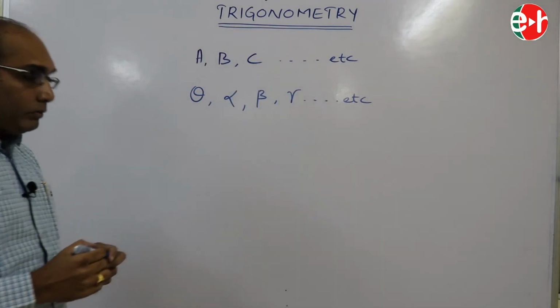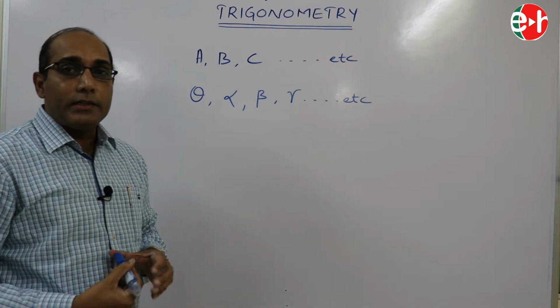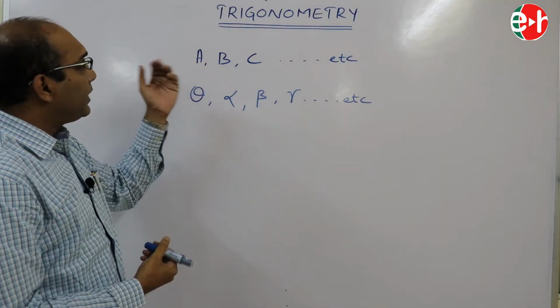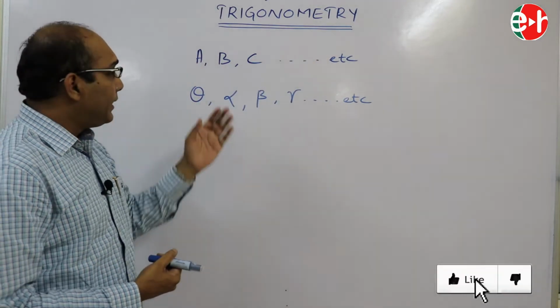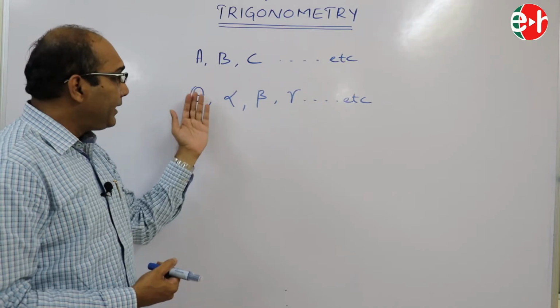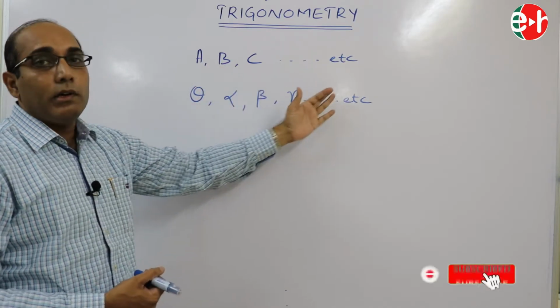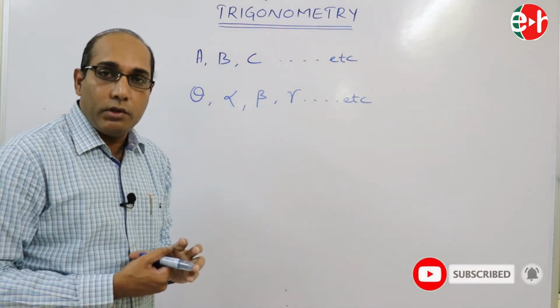So, the representation of angles is in capital letters, A, B, C, and so on, or in Greek letters theta, alpha, beta, gamma, and so on. Now it's clear?